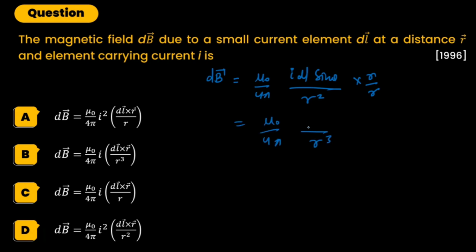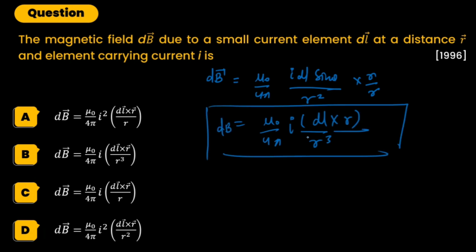Now, this is important. I can be written there and we can write dl cross r. This is something we have already learned in grade 11 physics, the cross product. This dl cross r is nothing but a cross product. It is not the normal product which we used to do in maths.